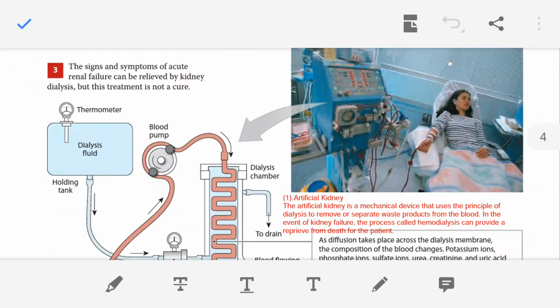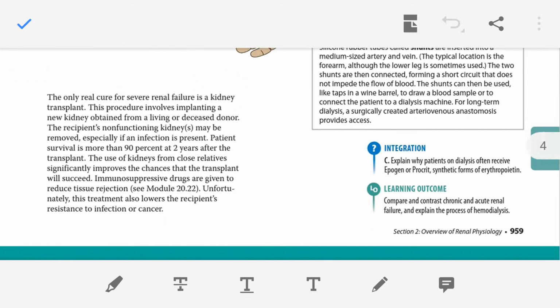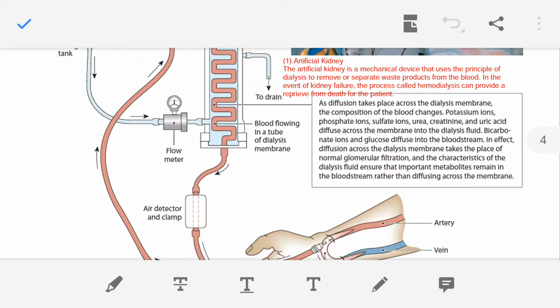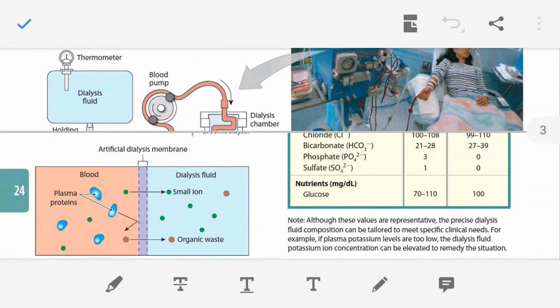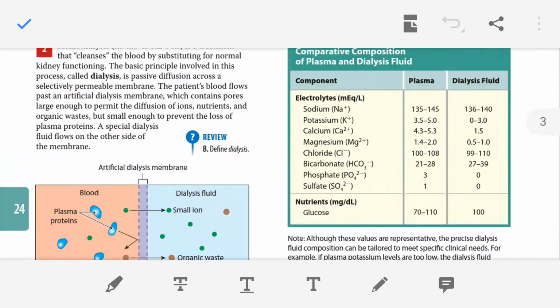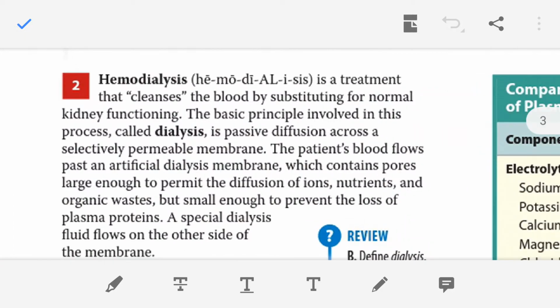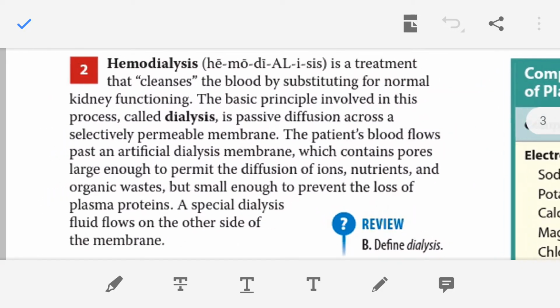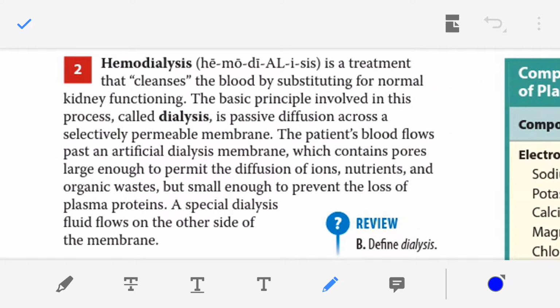Now let's discuss the principle of dialysis. Here in this figure, see what hemodialysis is. Hemodialysis is a treatment which cleans the blood, and this treatment works as a substitute for the non-functional kidney.